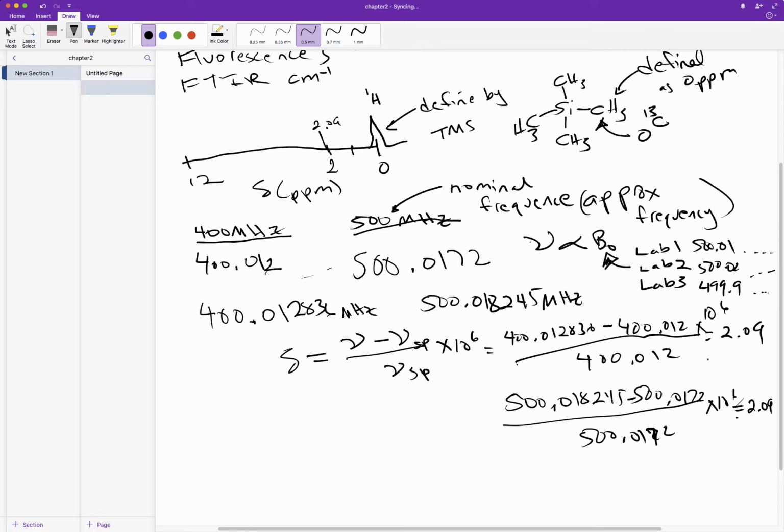So even though they had different frequencies, once you do this parts per million normalization formula, everybody's reporting the exact same chemical shift in parts per million.